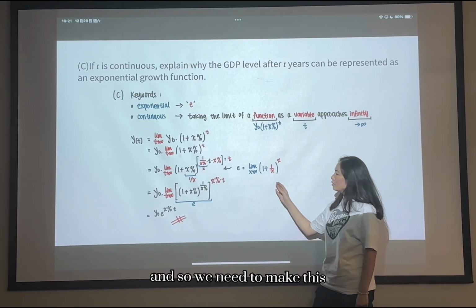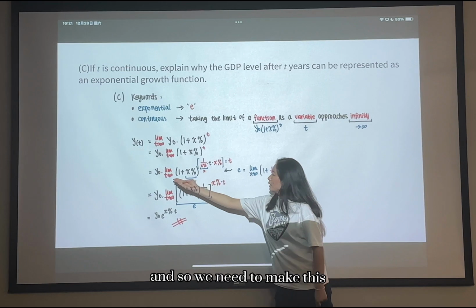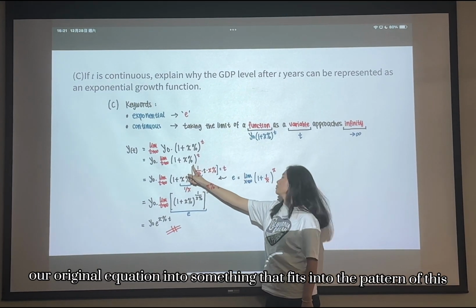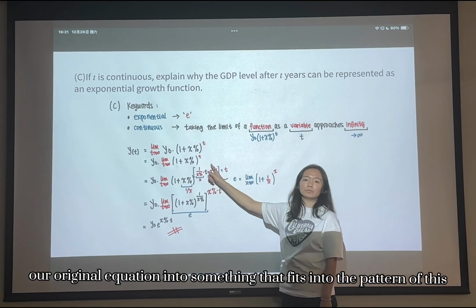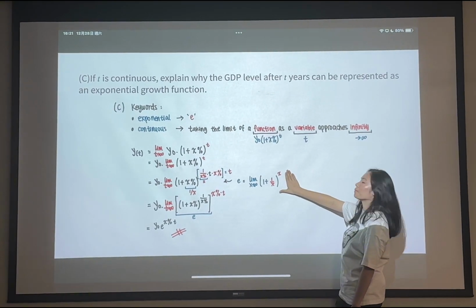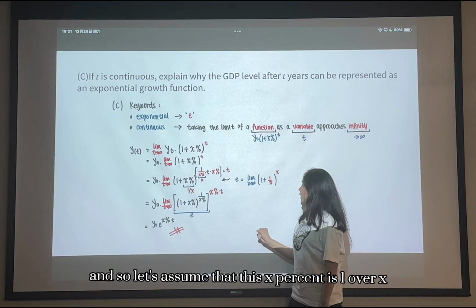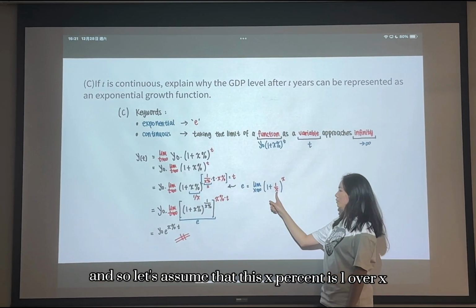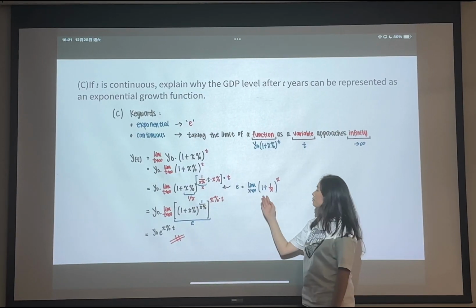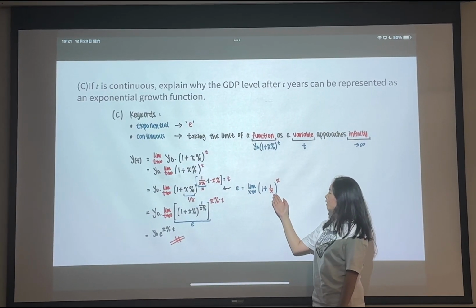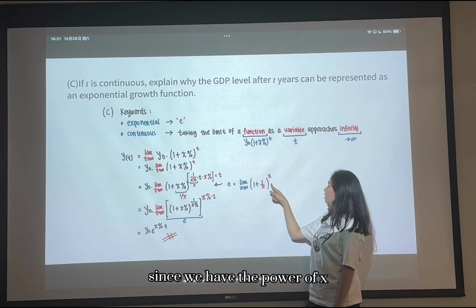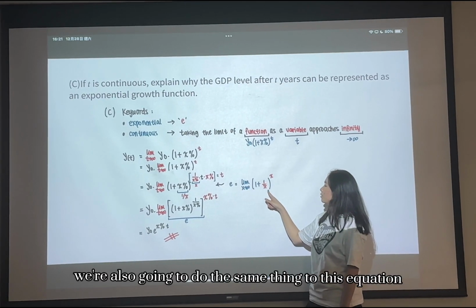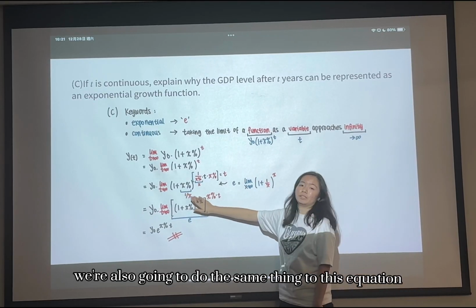And so we need to make our original equation into something that fits into the pattern of this. And so let's assume that this x% is 1 over x. And since we have the power of x, which is the inverse of 1 over x, we're also going to do the same thing to this equation.